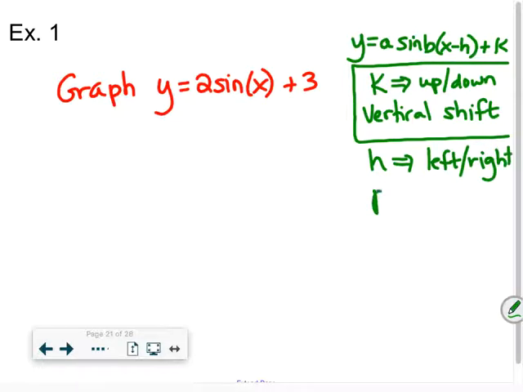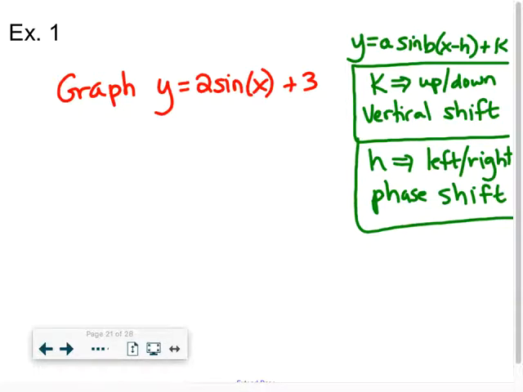And we call that a phase shift. And I do abbreviate that PS. So just some vocabulary here.